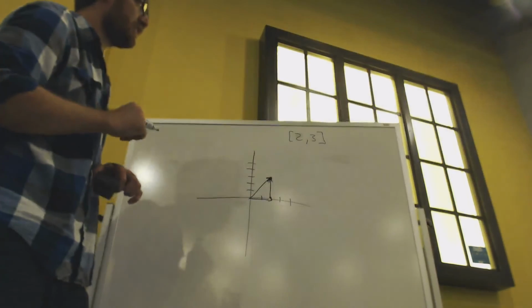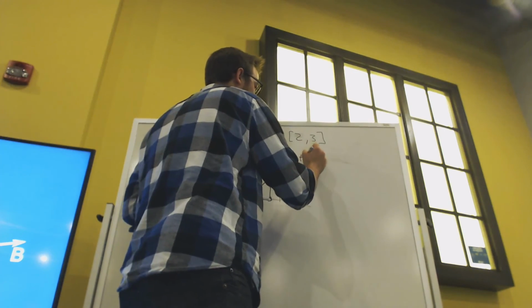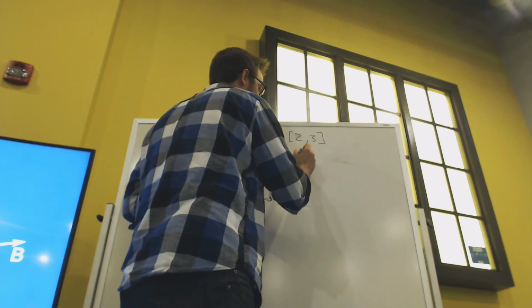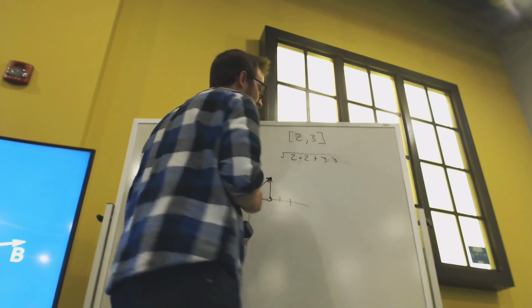And now we want to find the length of that vector. So do 2 times 2, plus 3 times 3. And then we do the square root of that.